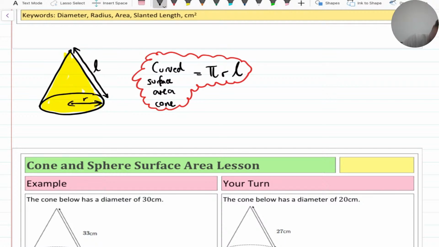So let's just write that. Only the curved top part.